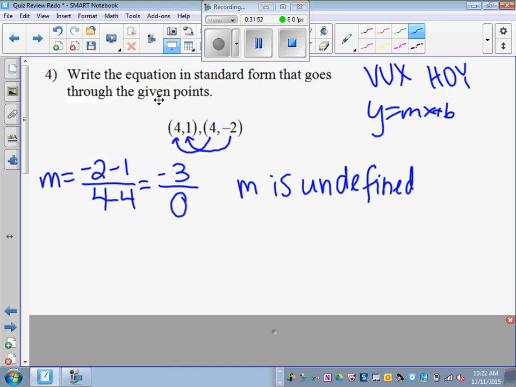Think back to Bucks and Hoy. Which one has an undefined slope? Bucks. Undefined slope, which is x equals. So x equals, what are my x values? 4. Oh look, they're the same. And that's my final answer.